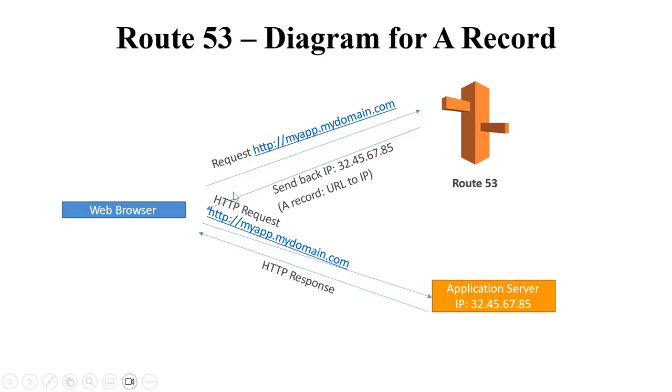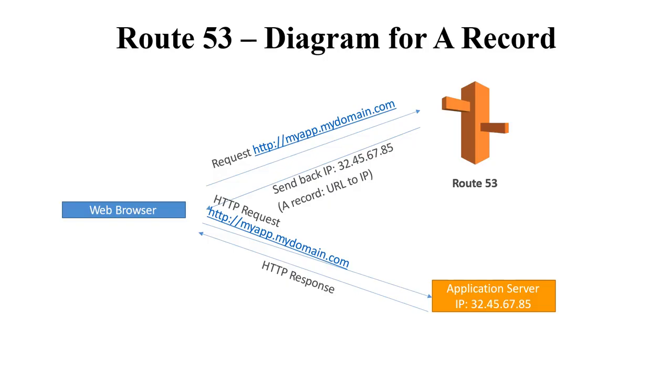So at user level we see the domain name, but on the backend network, this is the IP address which is going to be used. That IP address for this domain is configured in the DNS service.